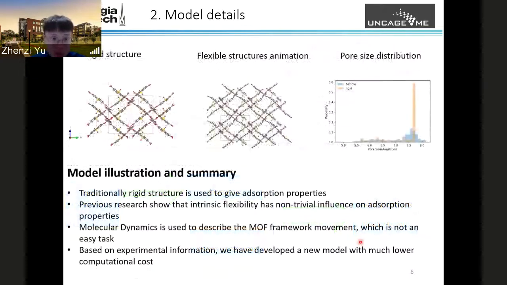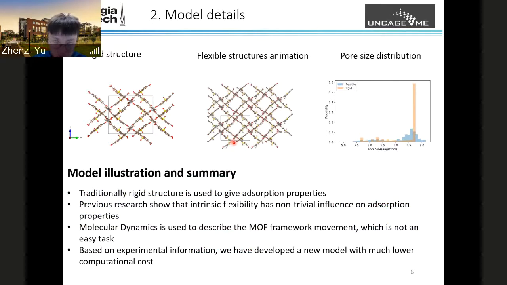So let me give a quick review and summary of the model background and model implementation details. Traditionally, a rigid structure is used to give the adsorption property, so the whole adsorption property prediction is based on this single structure. However, previous research showed that intrinsic flexibility has a non-trivial influence on adsorption properties.